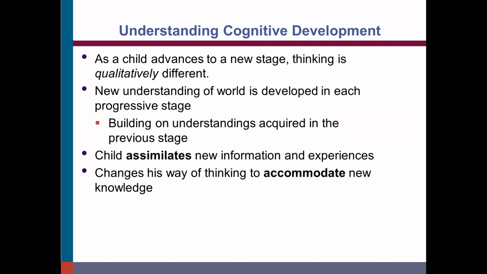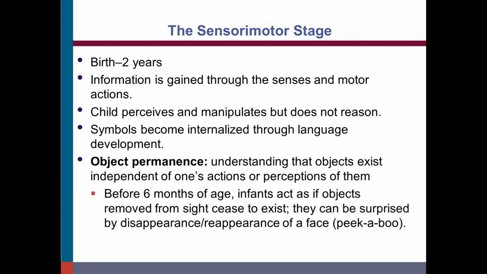Okay, and through that social interactive process, they're accommodating new knowledge, which results in the development of their cortex. So, we're going to take a look at each of these stages according to Piaget, just very briefly.